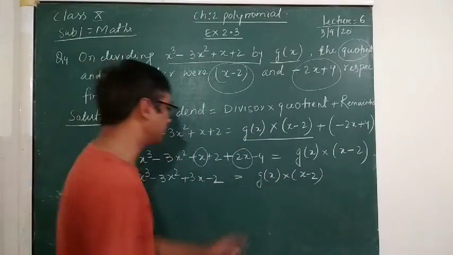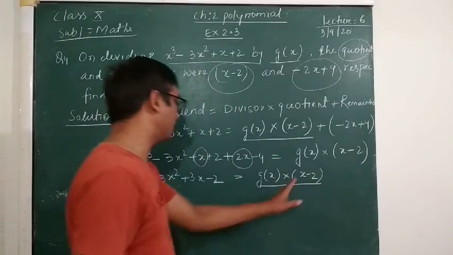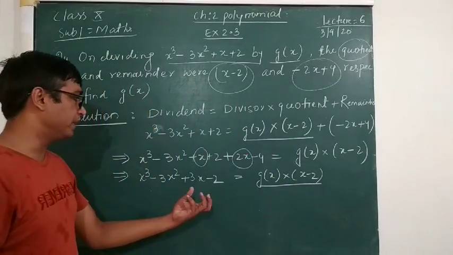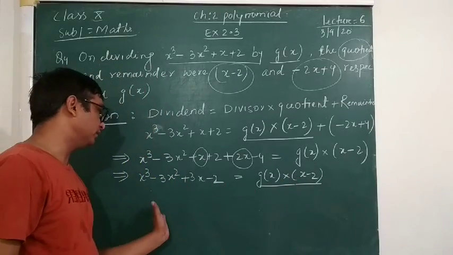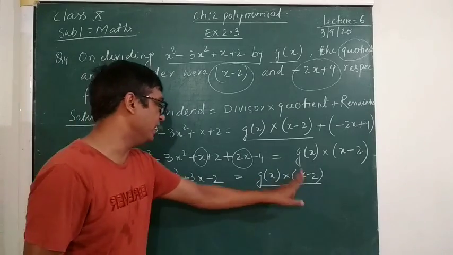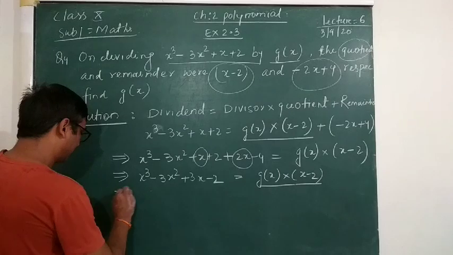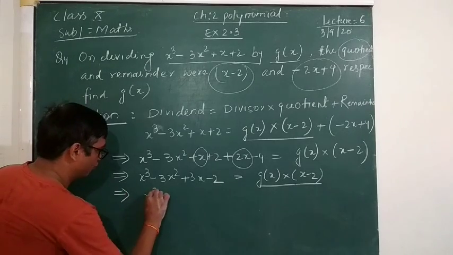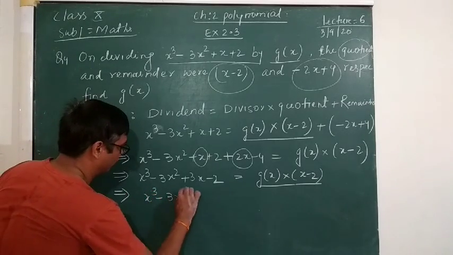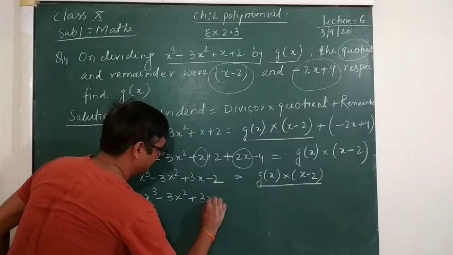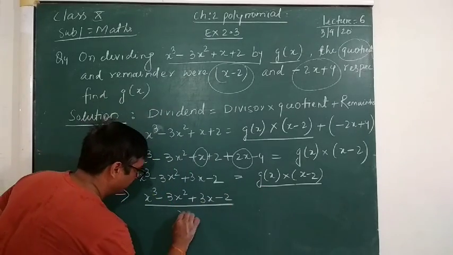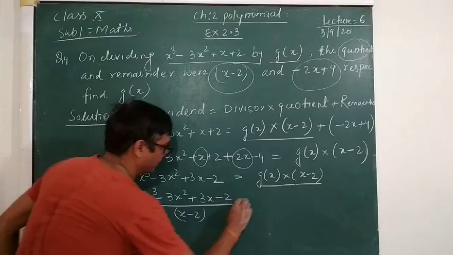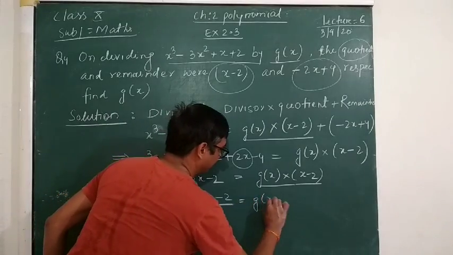Now see, this is in multiplication after the equal to. So it is the method of equations that if it comes after or before equal to, it will go into division. So here we can write x cube minus 3x square plus 3x minus 2 divided by x minus 2 is equal to gx.